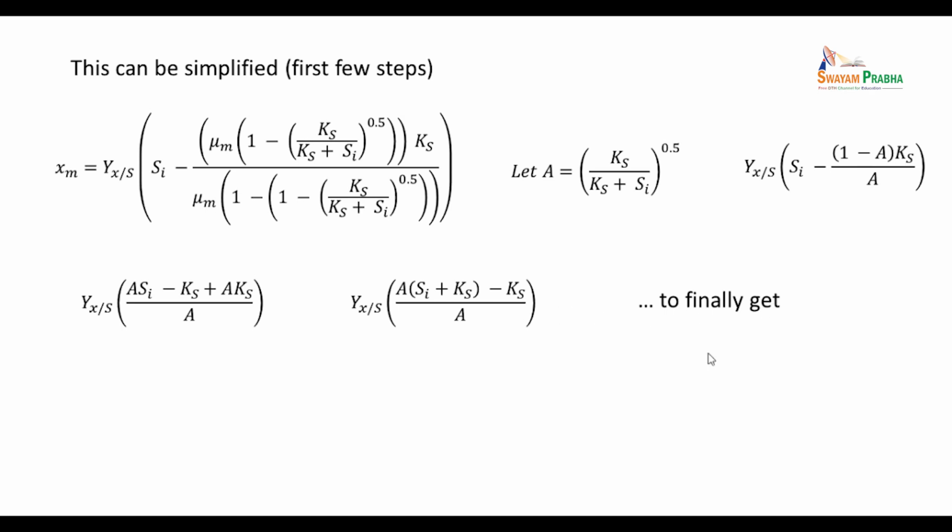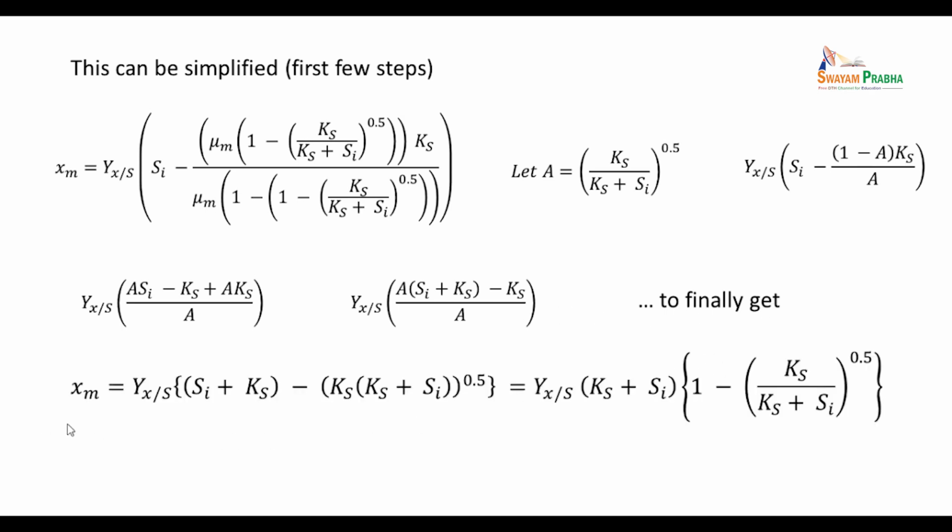You need to follow this for a few steps till we get Xm equals Yxs into Si plus Ks minus the square root of Ks into Ks plus Si. This is the final expression for Xm. I've just written this with Ks plus Si outside as common: Yxs into Ks plus Si into 1 minus Ks by Ks plus Si to the power of 0.5. This is the expression for the maximum cell concentration.